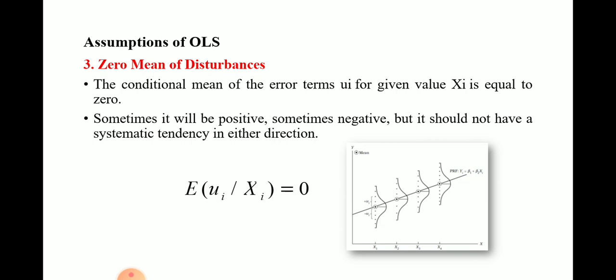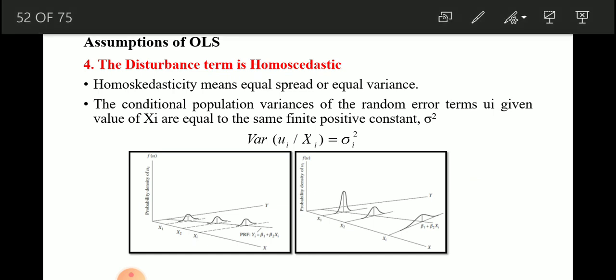There are positive and negative errors around it, but the conditional value is the exact average of these values, so the average error will be equal to 0. That's the third assumption.